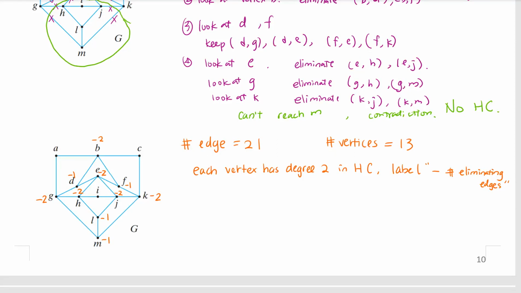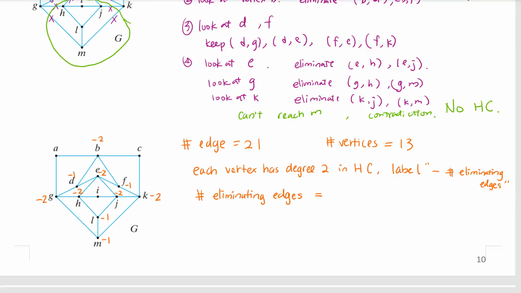So now we have checked all the vertices, okay? And we already labeled each vertex with the number of eliminating edges incident to that vertex. Okay, so now what is the number of eliminating edges?